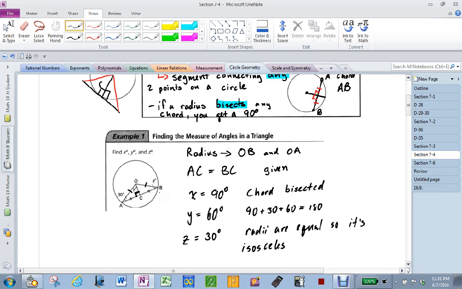Could I have done this in a different order? Of course I could have. The point I'm trying to make is you have to look at how the information you have leads you to something else, which you can then put on the diagram, which then can lead you to something else. You got to work back and forth. Does everybody understand? Okay.